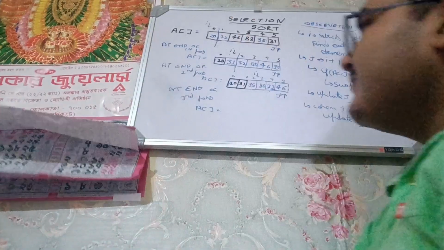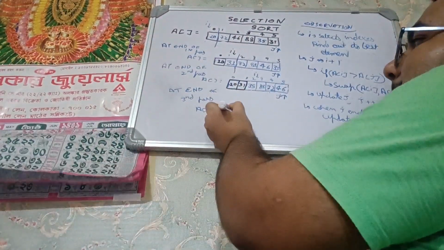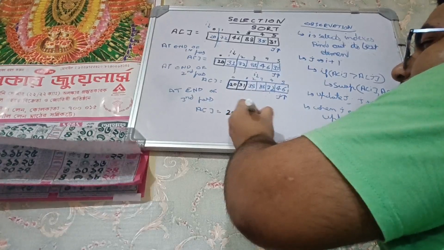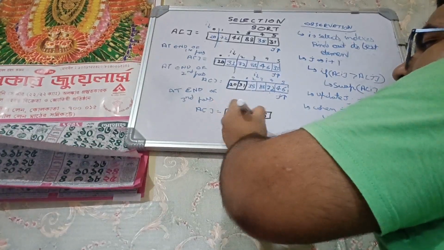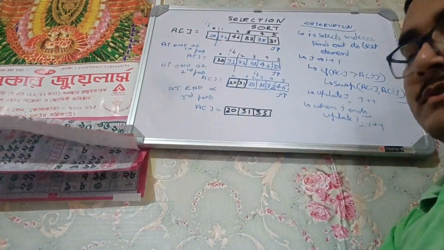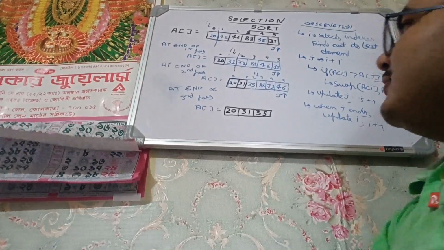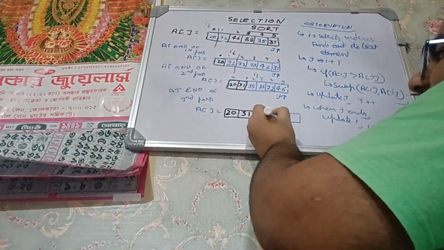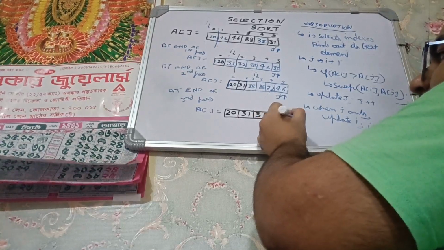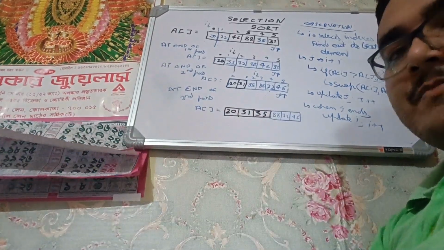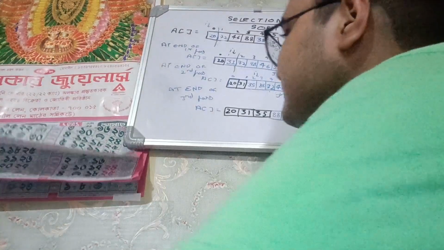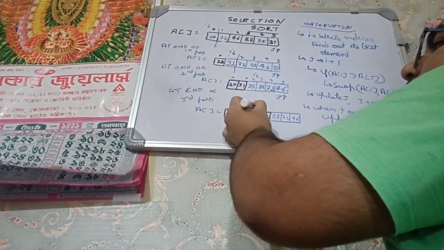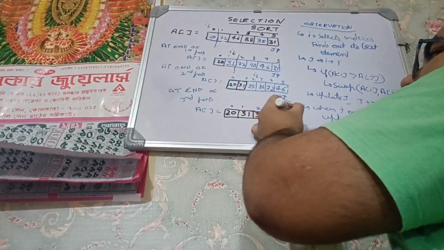So we can have 20, 31, 35, right? And we have 88, 72, 46. Fine. Okay. 0, 1, 2, 3, 4, 5.